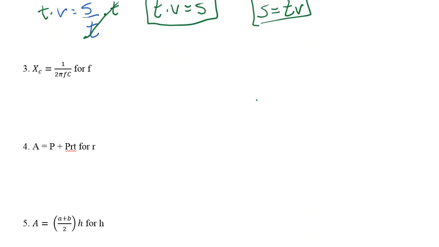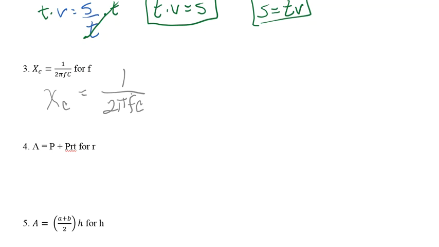Number 3. Now x sub c, c is not its own variable, it's distinguishing this x from maybe another x in this type of formula. So when we're going to isolate that, don't think of that as its own letter, it's part of the x. It wants us to get f by itself. So we have x sub c equals 1 divided by all this stuff.